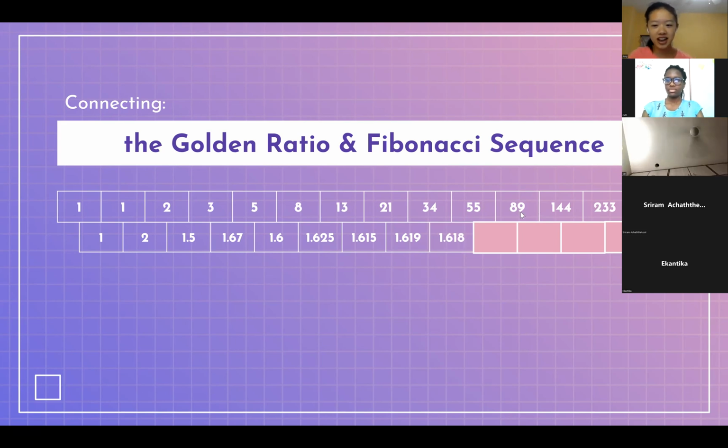The next one, 89 divided by 55, is not exactly 1.618, but if you round to the thousandths, then it would be around 1.618. And for the rest of these, they start to get closer and closer. So what's the pattern here?